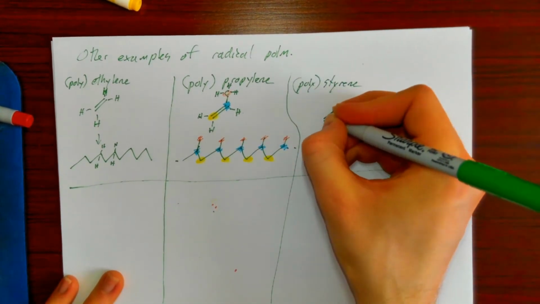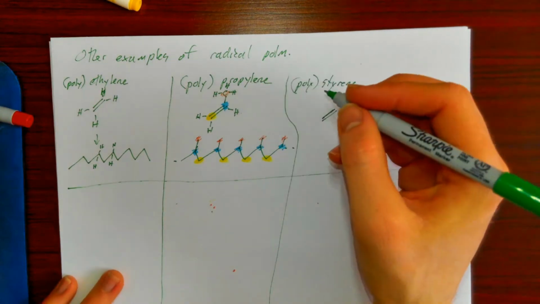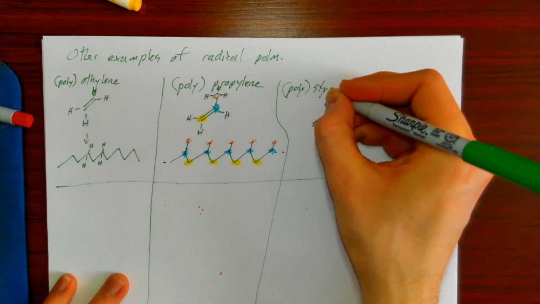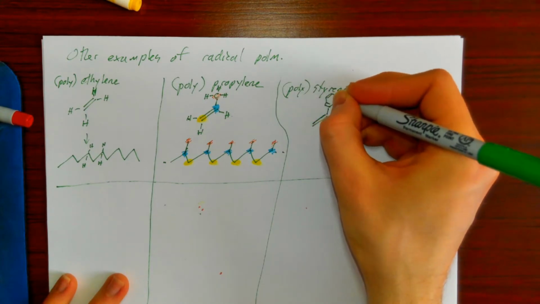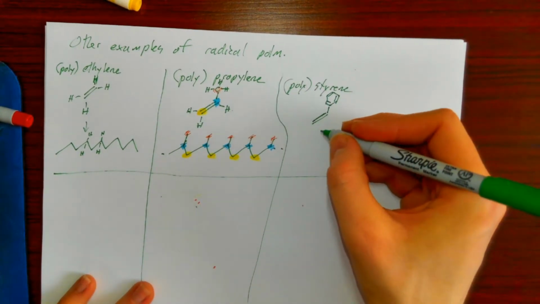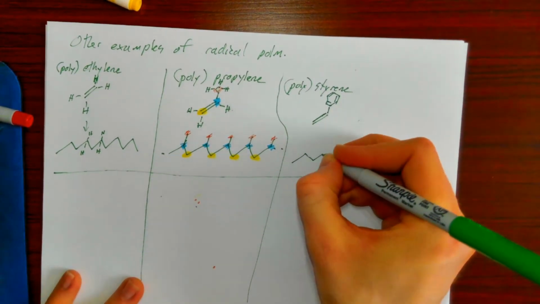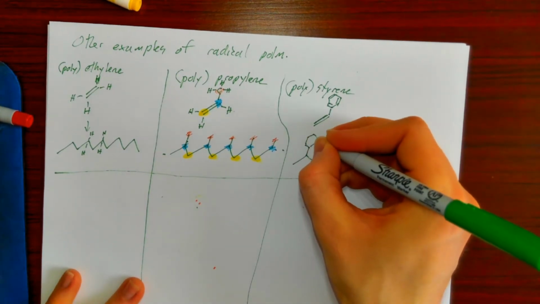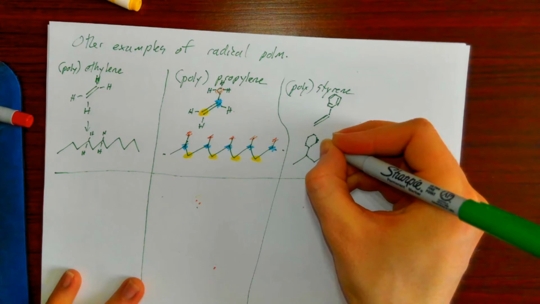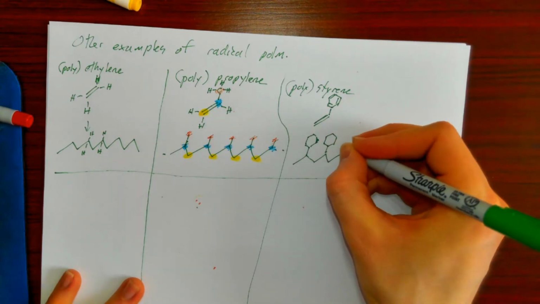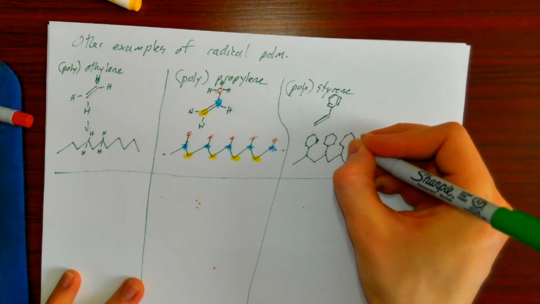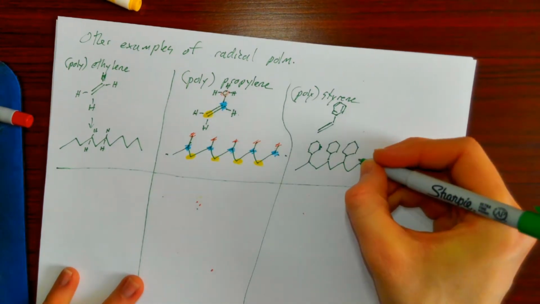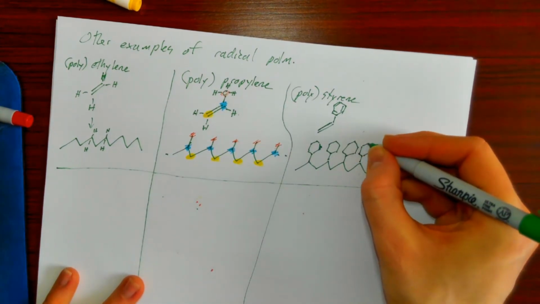Instead of having a methyl group right here, you have a benzene ring. So this polymerizes to form this carbon-carbon backbone, but then there's a bunch of benzene rings. Half of the carbons had a benzene ring to start out, and half of the carbons in the final chain end up having a benzene ring.